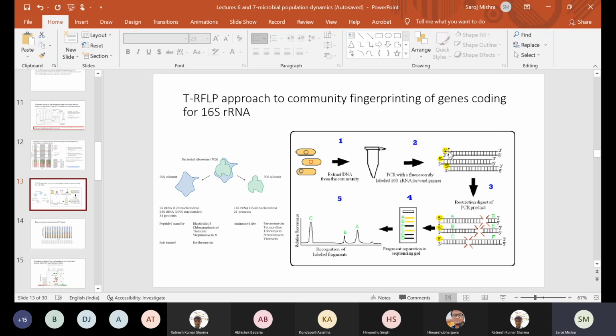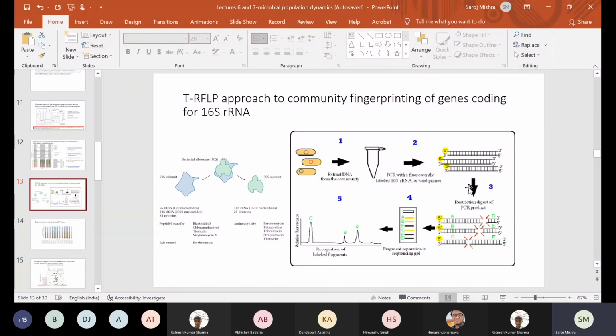In all 3 DNA molecules, this fluorescently labeled primer is going to anneal to one of the 2 strands of DNA, and it will be extended in the presence of dNTPs and Taq polymerase. Now, one of the 2 strands of the DNA is going to be labeled.